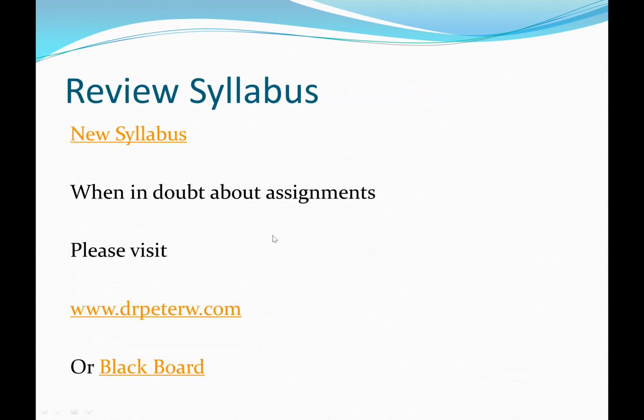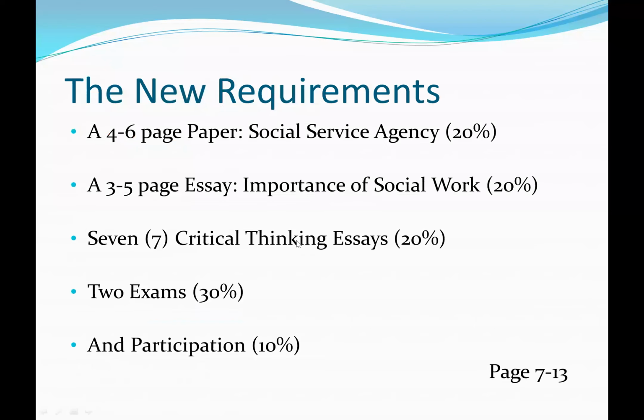And then you will have 7 critical thinking essays as opposed to 8, but you have the option of doing all 8 and dropping one of them. Mathematically, that is to your advantage, but since I'm adding another 3 to 5 page essay, I'm dropping one of the critical thinking essays.